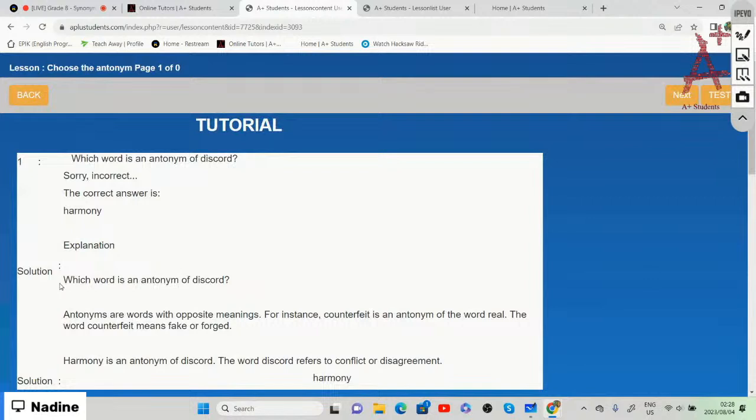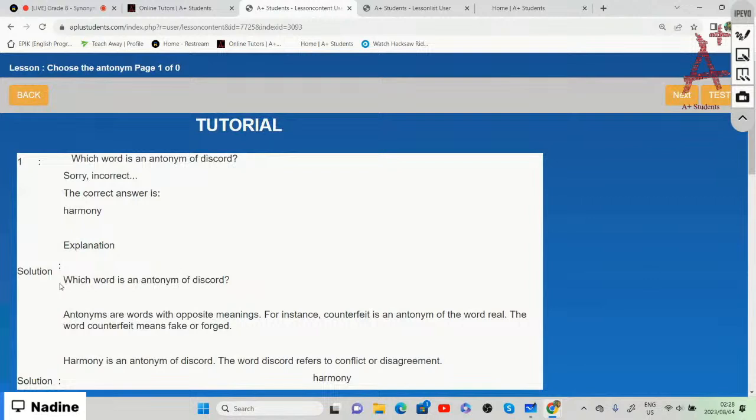If we look at the word counterfeit, it means either fake or forged. That is what counterfeit means. All right, now there's no sentence actually.